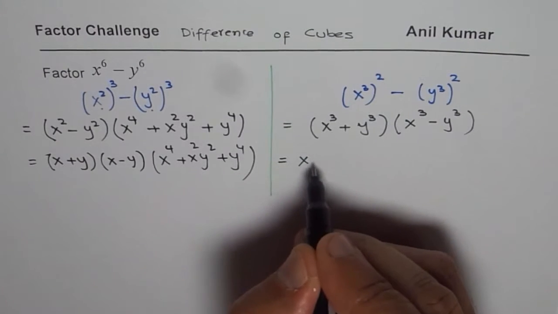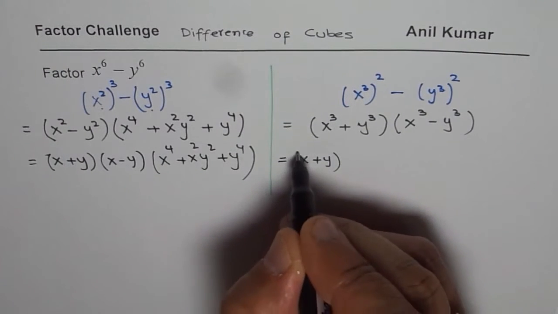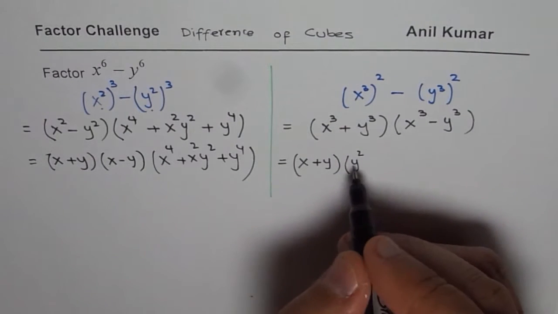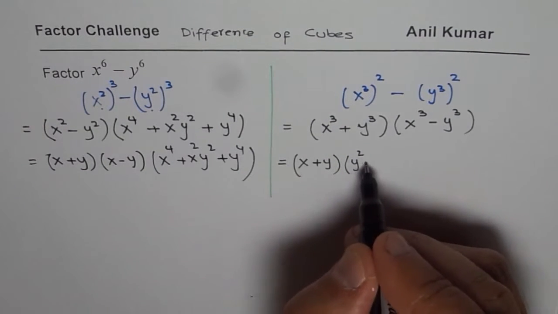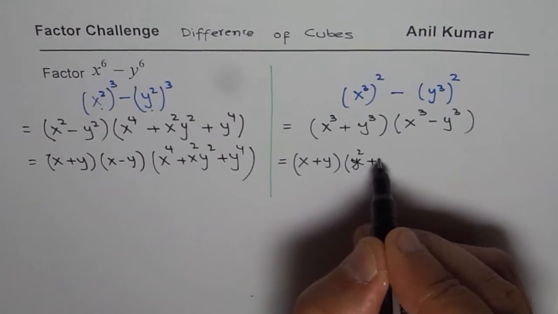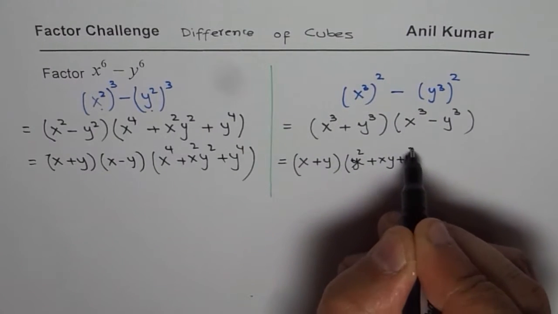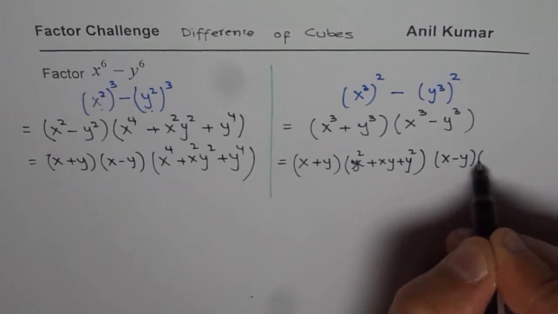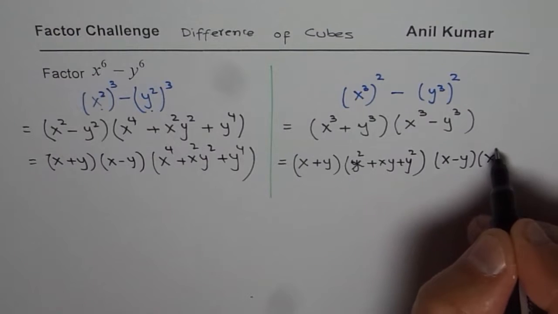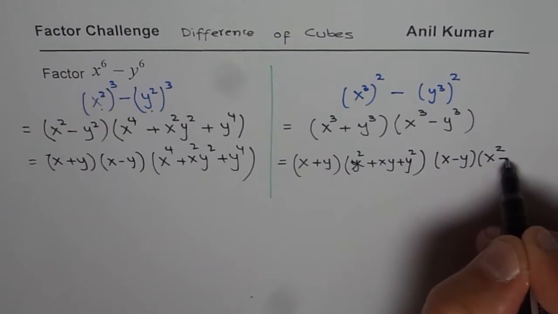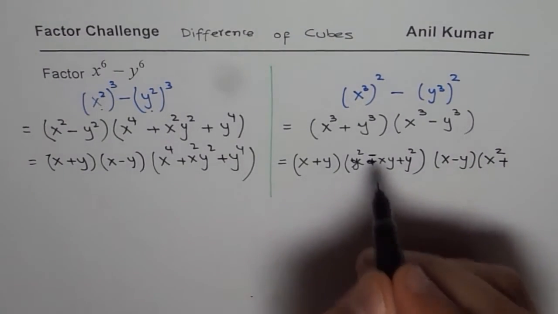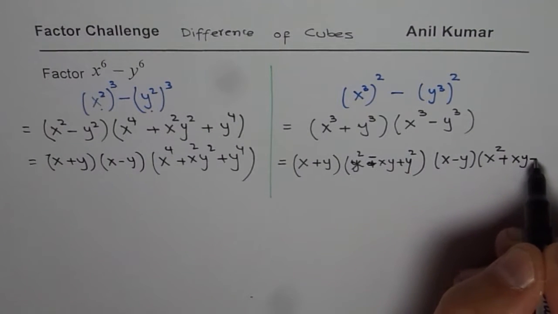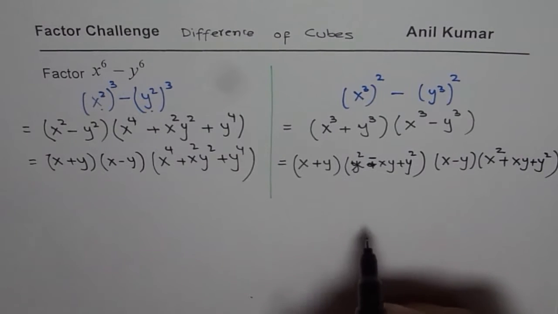You get x plus y times x square, okay, let's make it x square minus xy plus y square, and this factor will be x minus y times x square, plus, this was minus in this case, and here the sign will be plus xy plus y square, right?